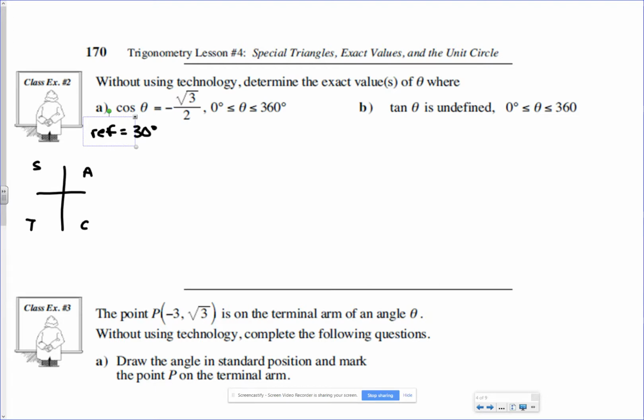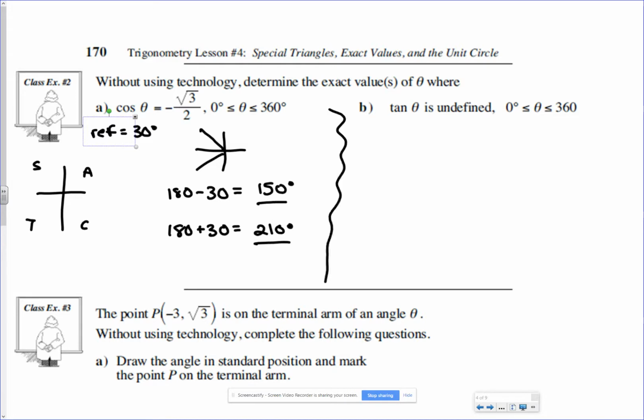So cosine is negative in both the second quadrant and the third quadrant. So given those, one of my answers is 180 minus 30, so 150. And my other one would be 180 plus 30, so my other answer for this is going to be 210. So those would be my two answers that would give me a cos of negative root 3 over 2.